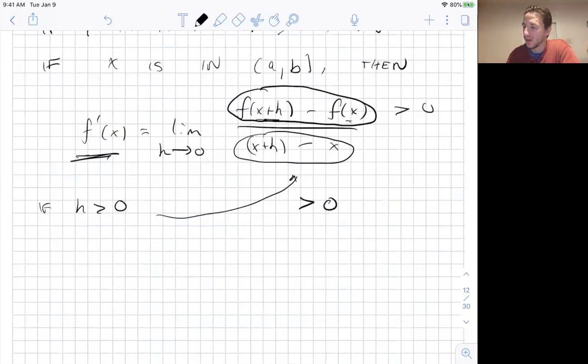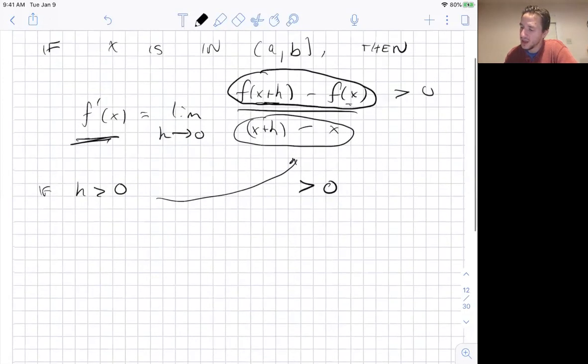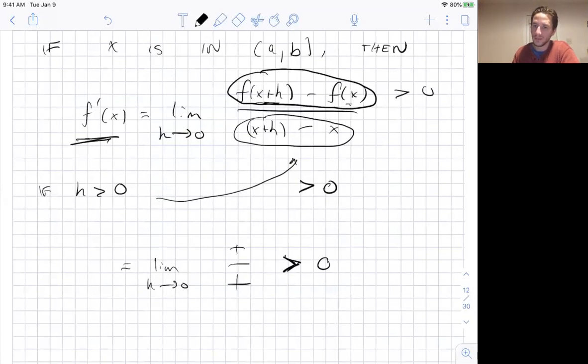Okay. But then I'm taking the limit as h goes to 0 of a positive thing divided by a positive thing, which is going to be positive. Okay.